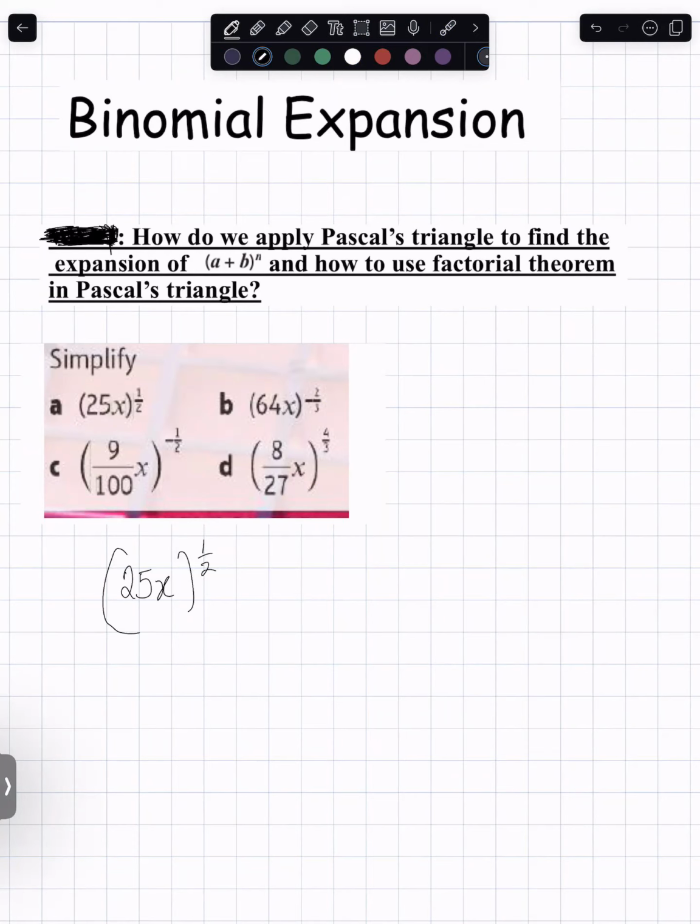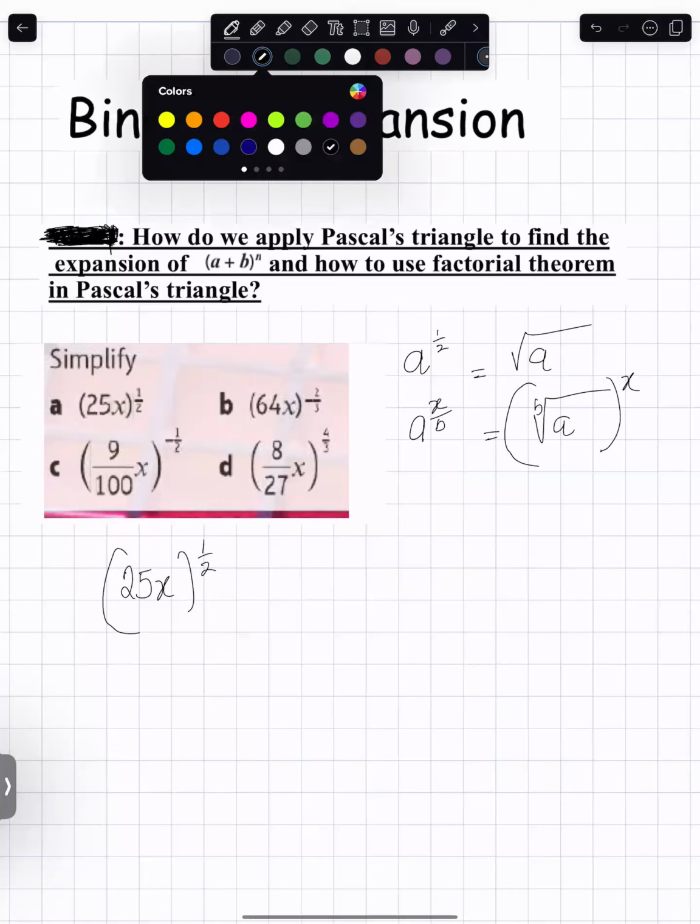The law of indices says a raised to the power of half is equal to root a. Or if you have a raised to the power of x over b, we have it as b root a raised to x. So we'll be using these laws to solve our equation.